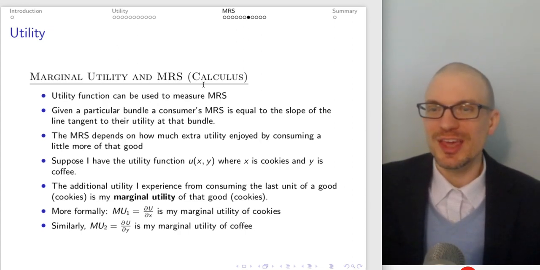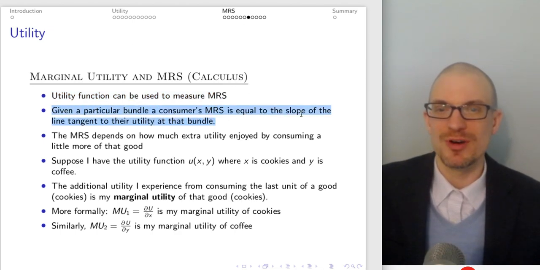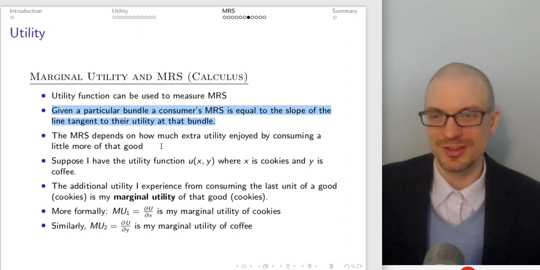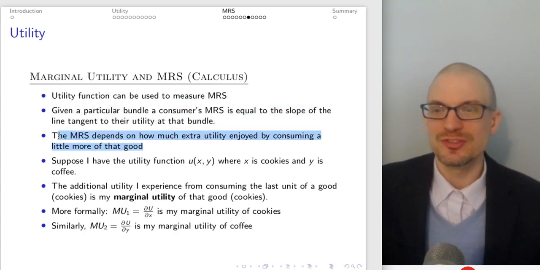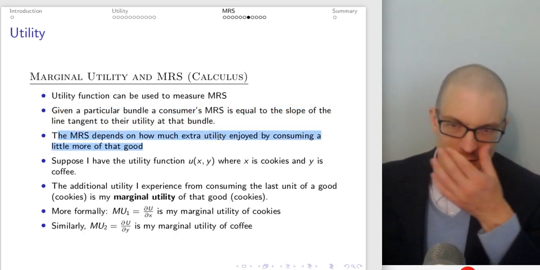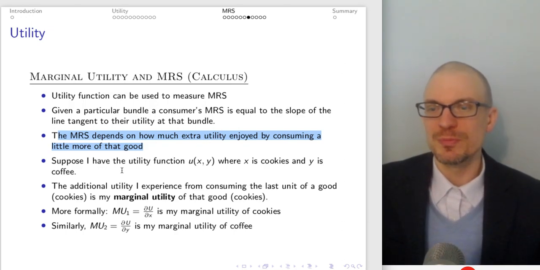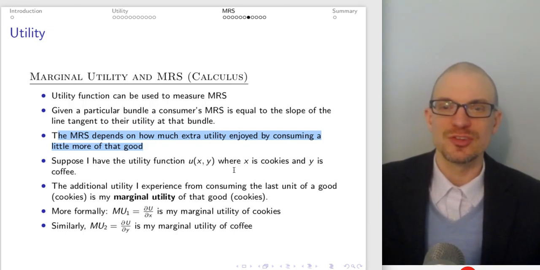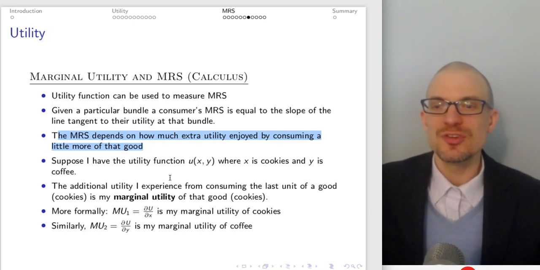All right, so here's the calculus version. The utility function can be used to measure MRS. Given a particular bundle, the consumer's MRS is equal to the slope of the line tangent to the utility at that bundle. The MRS depends on how much extra utility is enjoyed by consuming a little more of the good. So suppose I have a utility function, X is cookies, Y is coffee. The additional utility I get from consuming the last unit of a good, cookies, is my marginal utility of that good.